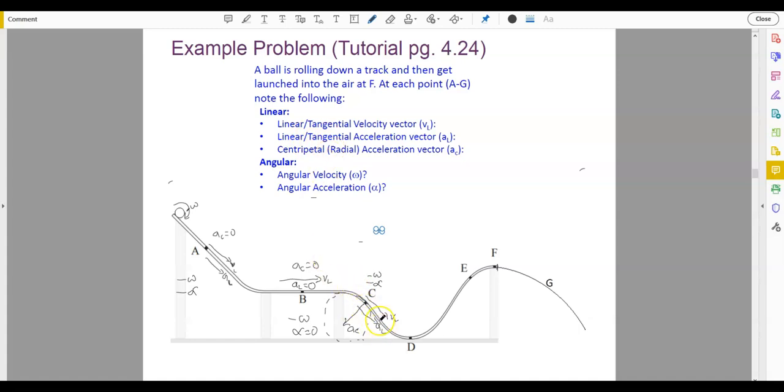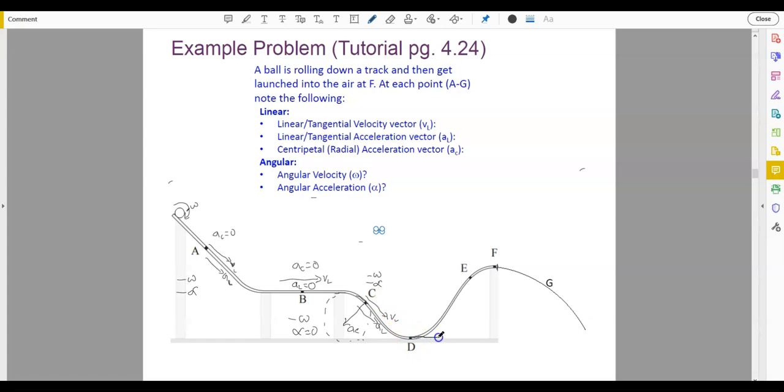So those are going to be pointed down and to the right, but the centripetal acceleration vector is going to be pointed towards the center of this imaginary circle I've drawn. So it's going to be pointed down and to the left, while it is speeding up in the clockwise direction.